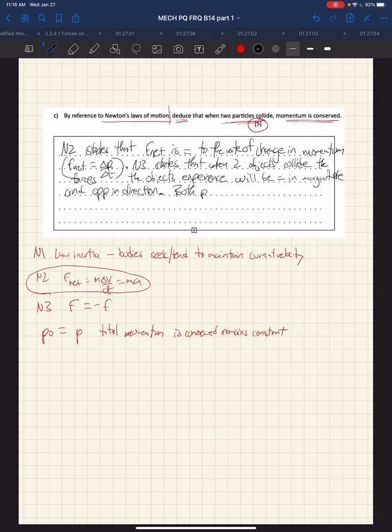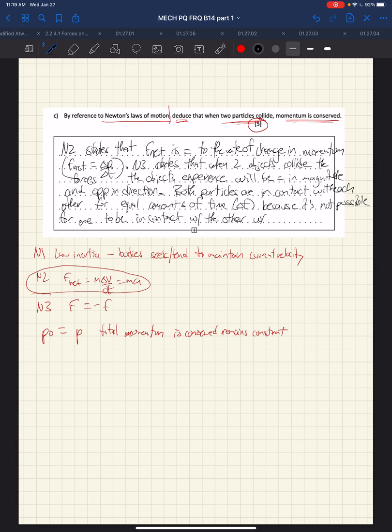Both particles are in contact with each other for equal amounts of time, delta T, because it's not possible for one to be in contact with the other without the other being in contact with the first.